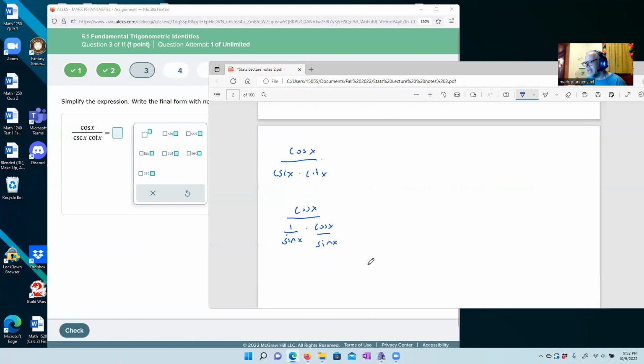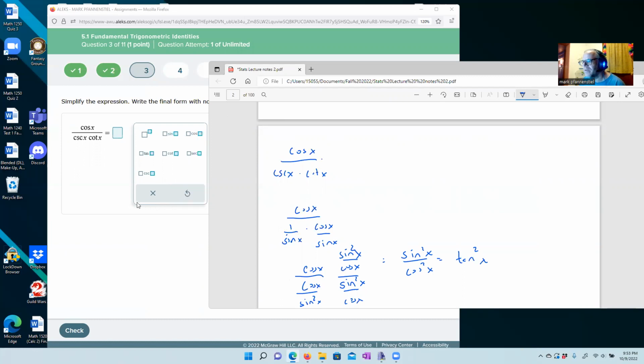So this is really cosine x over sine squared x, sine times sine. Then we have to simplify this compound fraction. So we have sine squared x over cosine x, and then we're going to say, wait a minute, this is sine squared x over cosine squared x. That could also be tangent squared x.